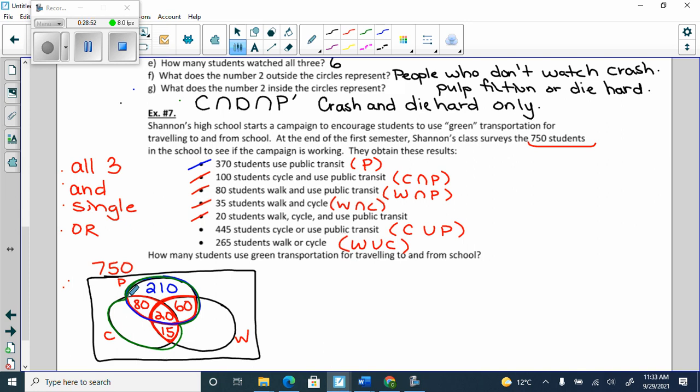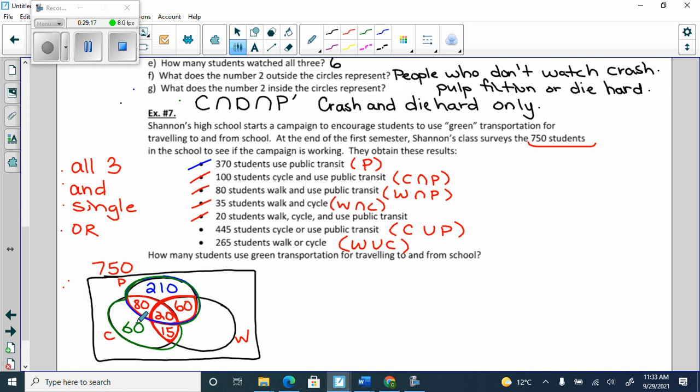So in this snowman, I know I have 370 in the circle, 385, and I need 445. So how many am I missing? 60. 385 to 445 is 60.